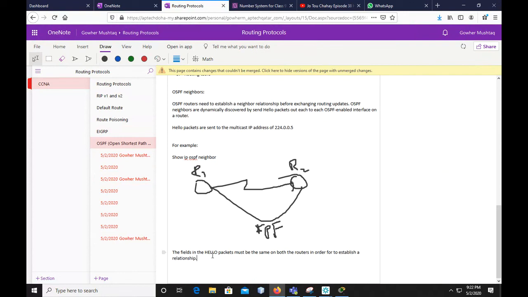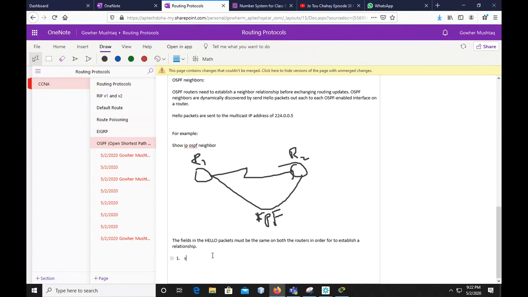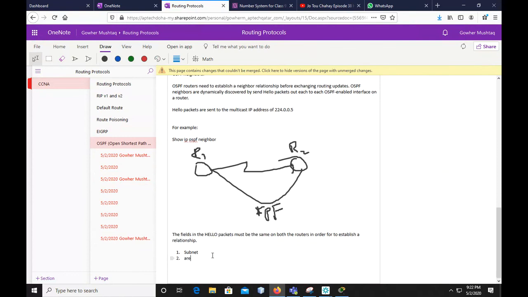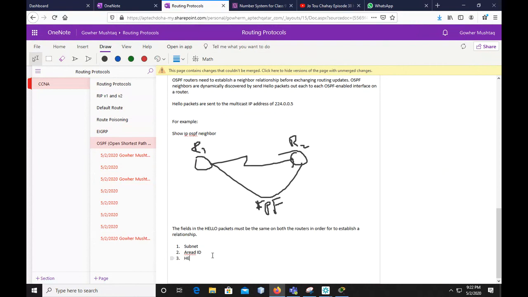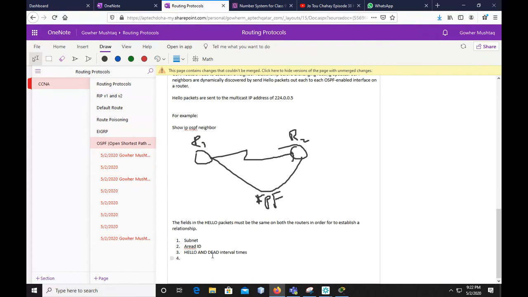So first, the subnet should be the same subnet. Second, instead of the autonomous number here, we have the area ID. You understand? Then the hello and dead interval times should be the same.